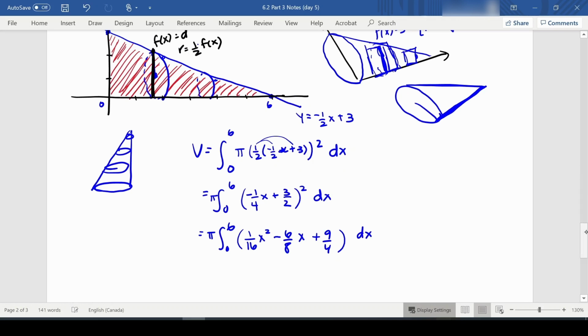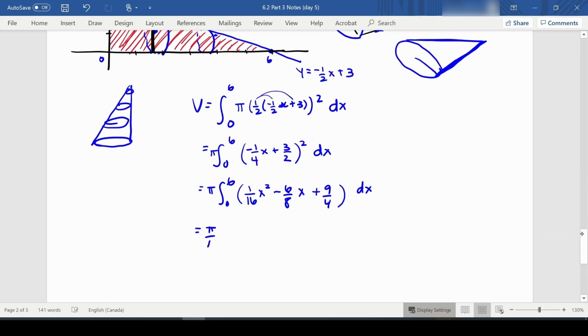Now you can take a 1 over 4 out of all of this if you'd like. Make this pi over 4. And this becomes x squared over 4, minus 3x, plus 9, with respect to x.